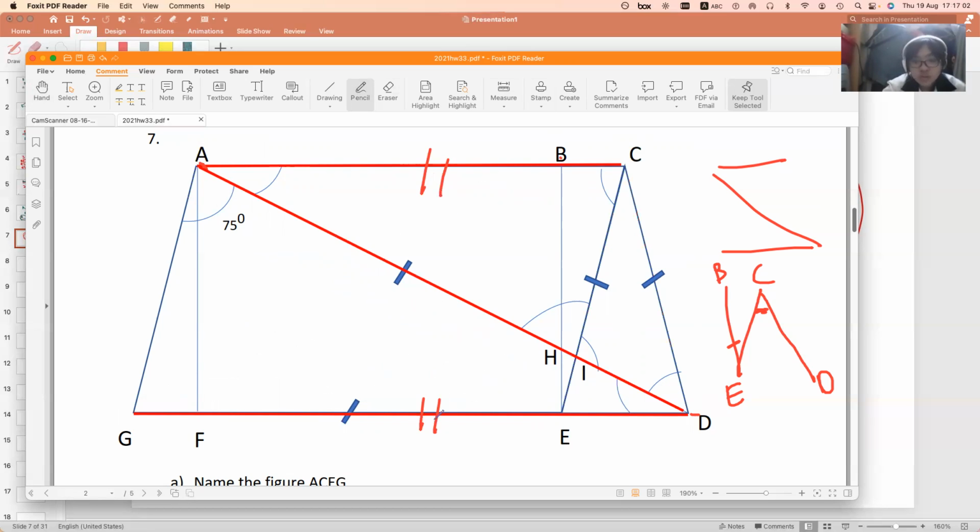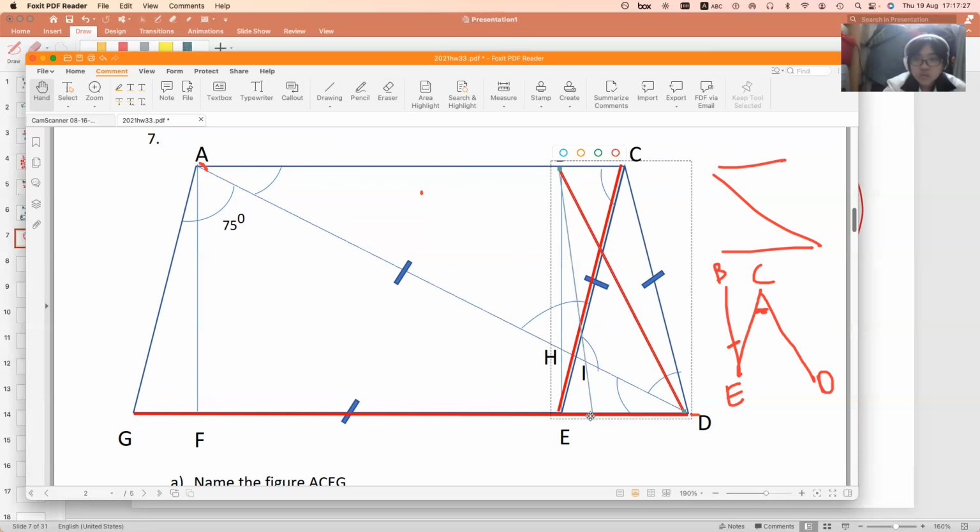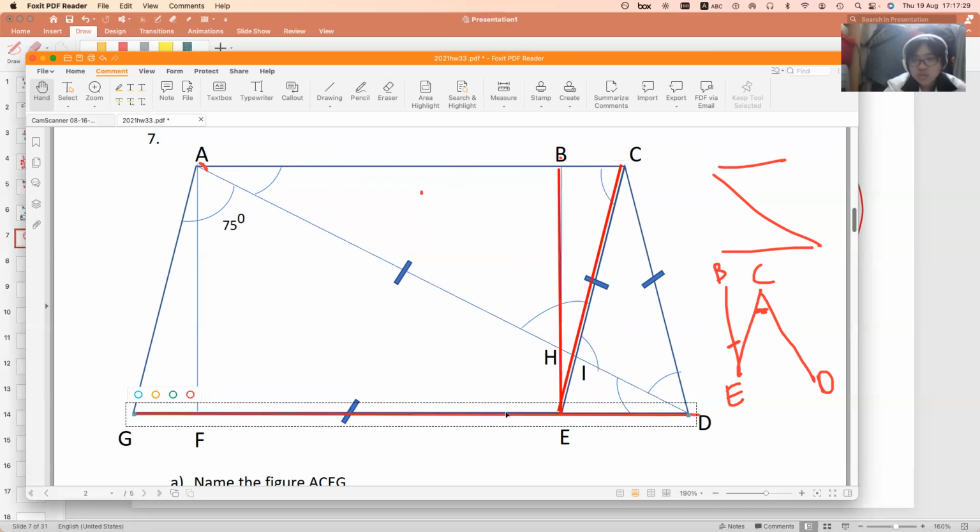That's why it's a Z. Are you clear? So can I ask you, BECD, is it a Z? Is this a Z or not? No. 为什么 no?